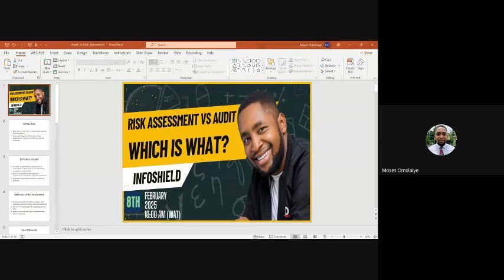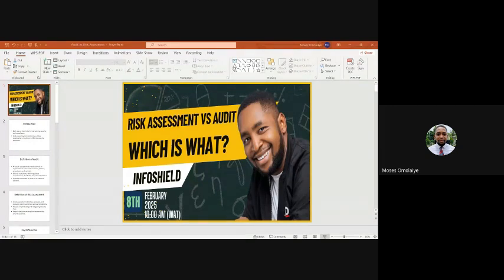So today I'm here to just demystify both: risk assessment, what it actually means, and what the audit actually also means. So we're going to have a brief session. It won't be so long, so we'll have some more time to interact.